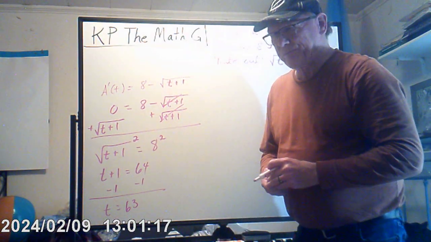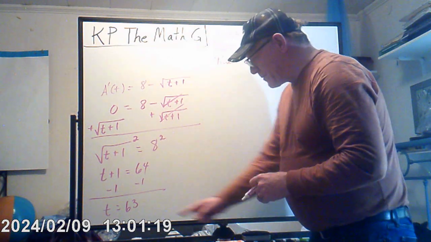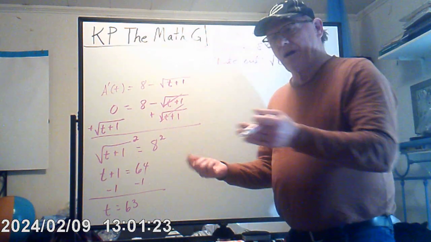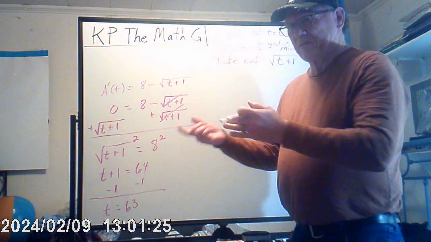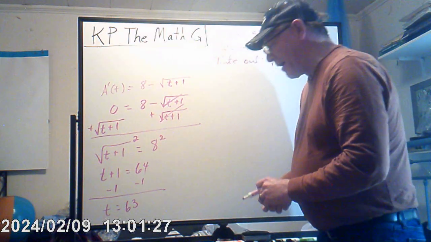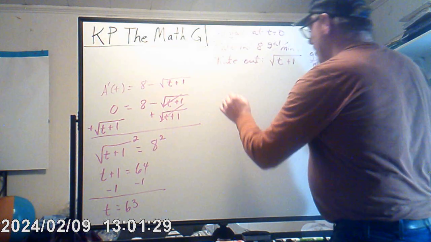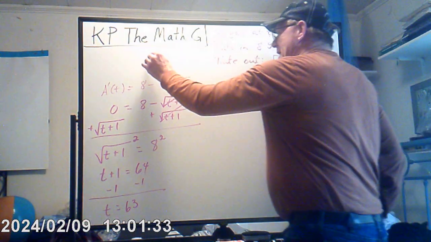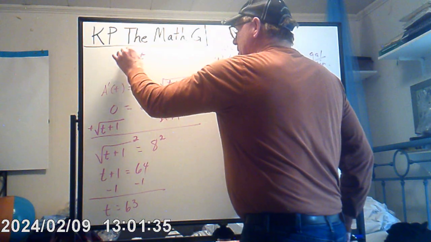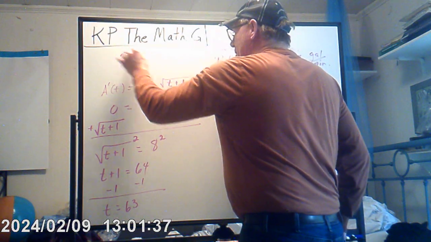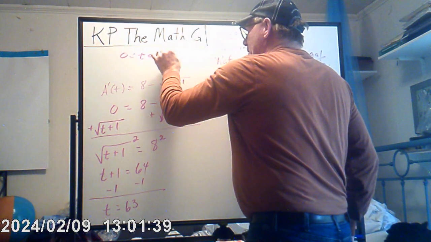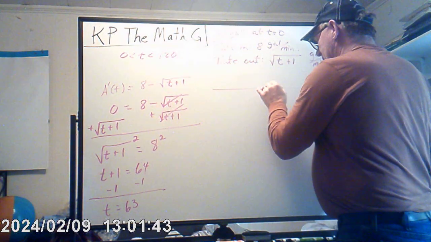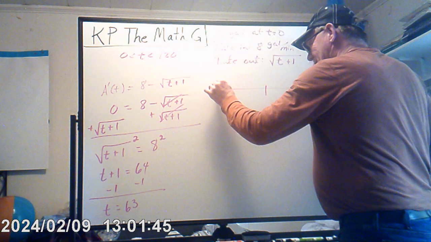And so t is 63. In some cases we call that a critical number. Remember, t is between 0 and 120. We're looking at that interval, so 63 is a little bit more than halfway.